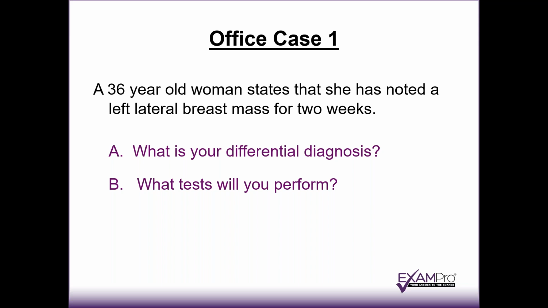I'd also look for things like skin retraction, and see if she has any nipple discharge. Those things would increase my concern for malignancy. If she's got any lymphadenopathy in her adnexa, those would be the main things.